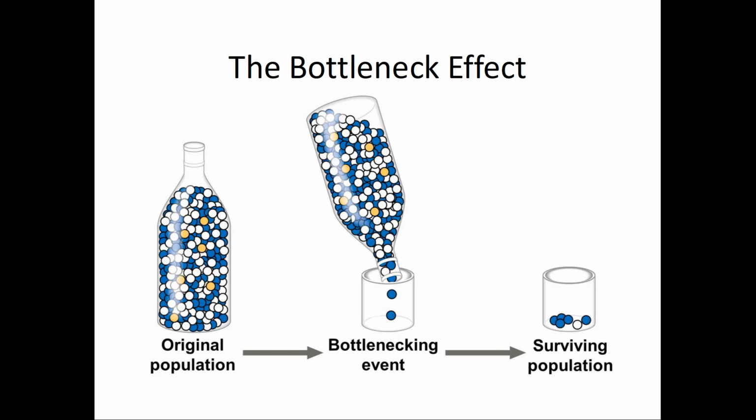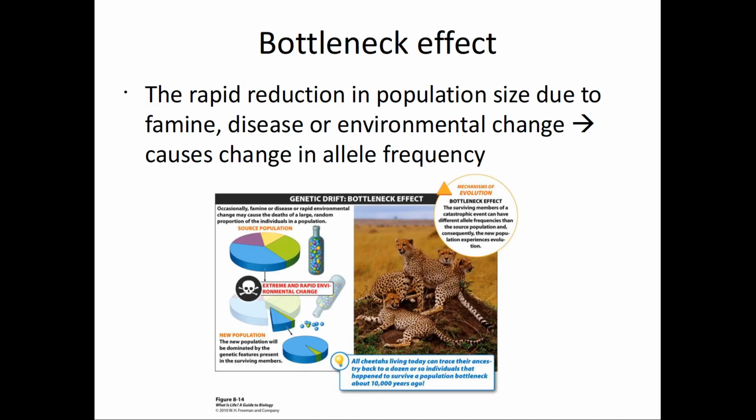But there's also something called the bottleneck effect, which is where you have some sort of catastrophic event in which a population gets brought down to a very small population, such that moving forward you have essentially a founder's effect going on. So about 10,000 years ago, it is believed that the cheetah population dwindled down to only about a dozen individuals.